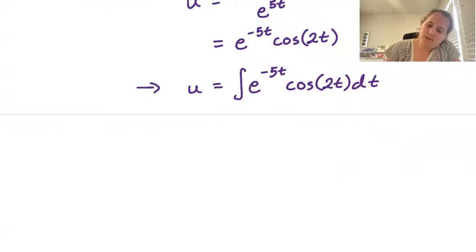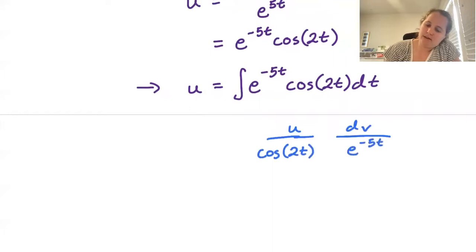So I'm going to stick with u dv, but this time around, my u is no longer that entire piece. I'm going to take cosine of 2t as my u, and e to the negative 5t dt as my dv.